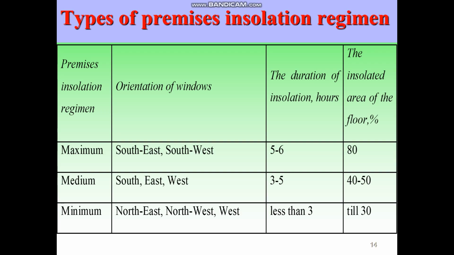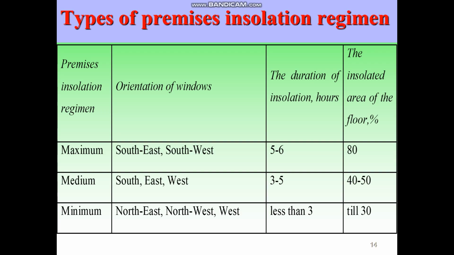Insolation depends on local geographical latitude, orientation of the building relative to the cardinal points, shading of windows by the next building, and size, form, and construction of light apertures in the wall. There are three basic types of insolation regime: maximum, medium, minimum, and different variants of their combination.